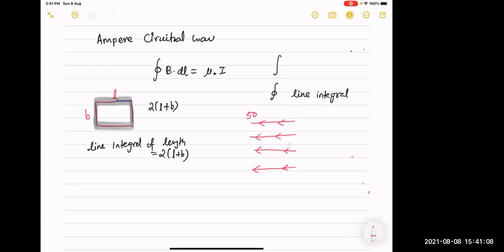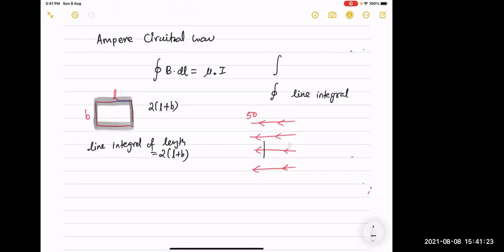If it's magnetic field, it's Tesla. If it's electric field, it's Newton per Coulomb. If it's gravitational field, it's just g. Now, if you place a loop, a different loop.